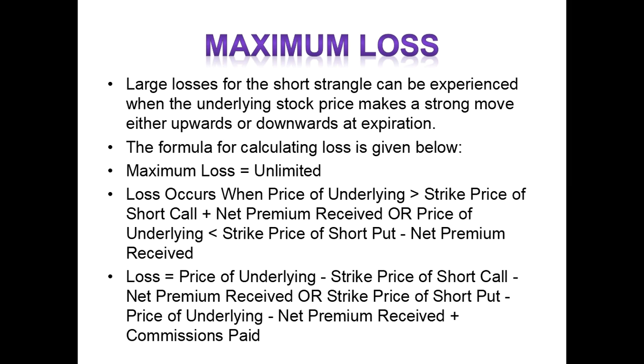So the loss can be calculated by price of the underlying minus the strike price of the short call minus the net premium received. Or it can also be calculated by strike price of the short put minus the price of the underlying minus the net premium received plus the commissions paid.